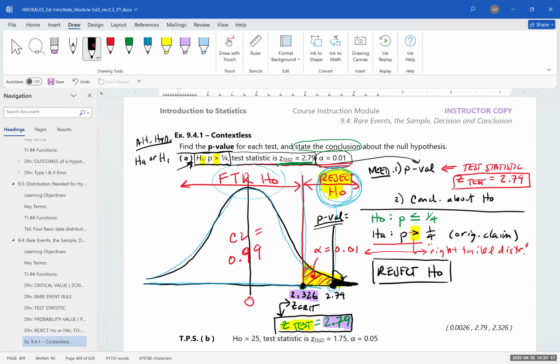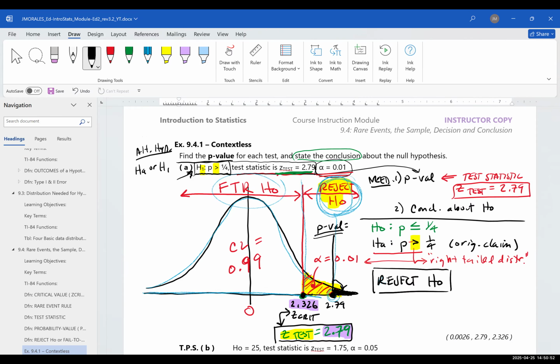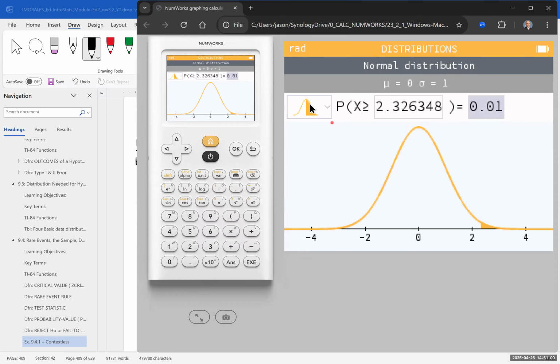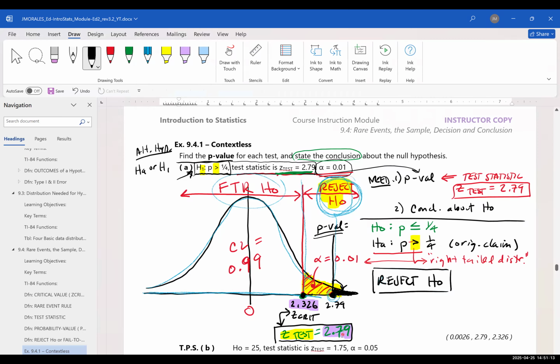So how do we get it? Well, now we need to use the normal CDF function. But let me use the NumWorks calculator first to kind of change it up. So we want the area to the right of 2.79. So I'm going to use this screen again. I want to use the area to the right, and I want the area to the right of 2.79.